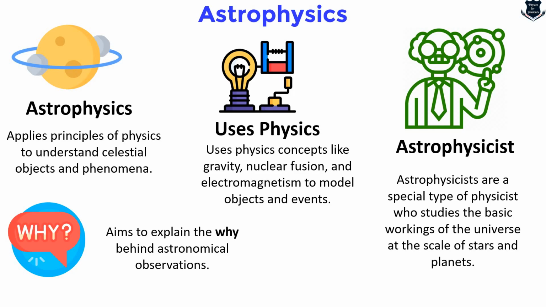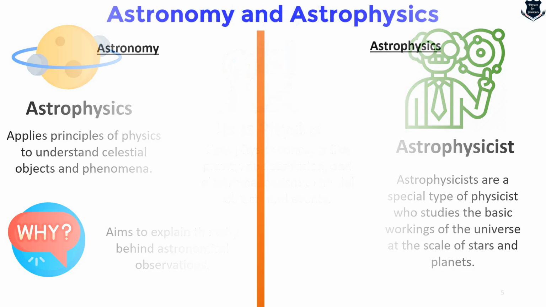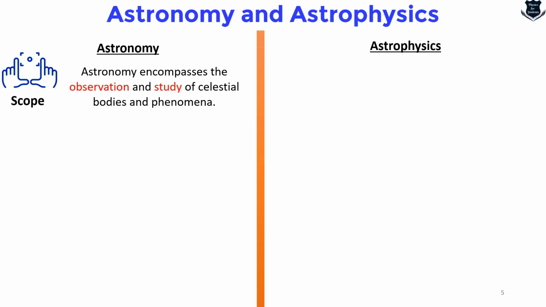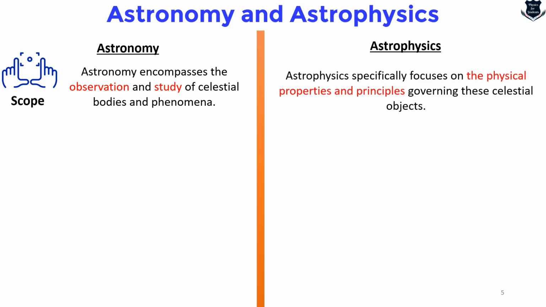Now that you understand the basics of astronomy and astrophysics, here comes a kind of distinction or relation between them. First, if I go by the scope, astronomy actually encompasses the observation and study of celestial bodies and phenomena, whereas astrophysics focuses on the physical properties and principles and uses the physical laws that govern and help understand these celestial objects.